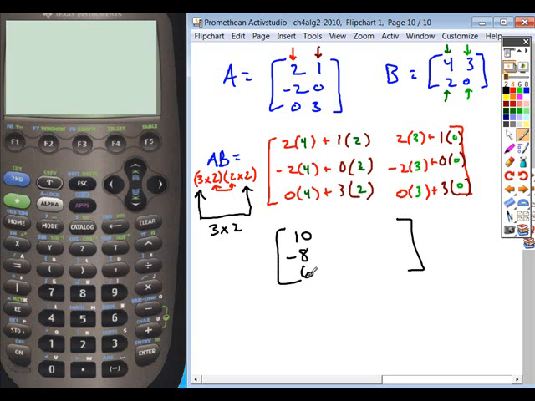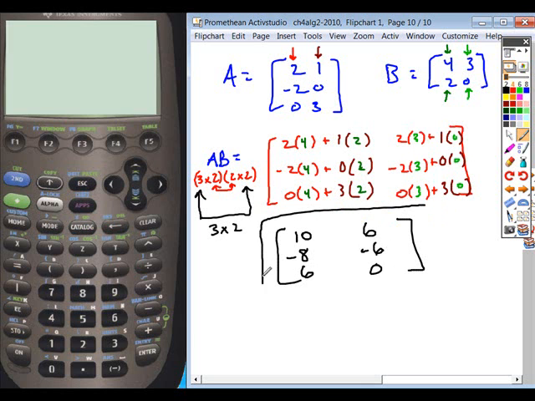Here are the first column entries. In the second column, 2 times 3 is 6, plus 1 times 0 gives you 6. Negative 2 times 3 is negative 6, plus 0 times 0 is negative 6. Finally, 0 times 3 plus 3 times 0 gives you 0.